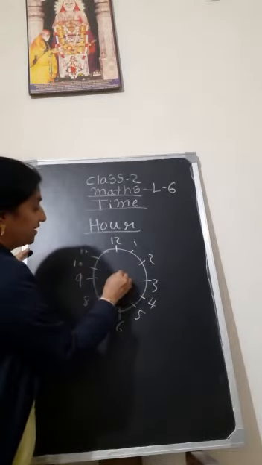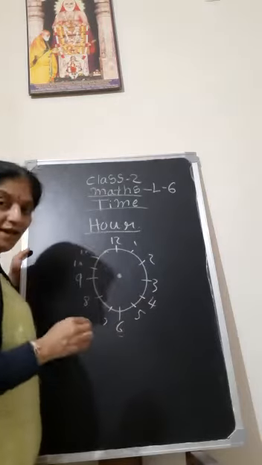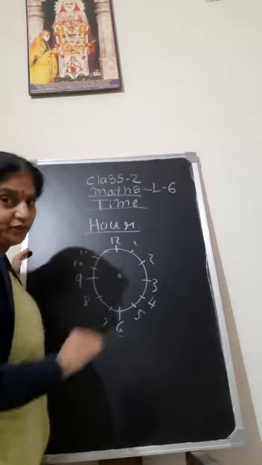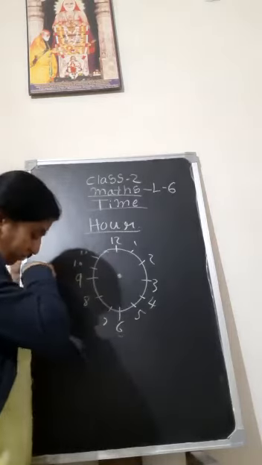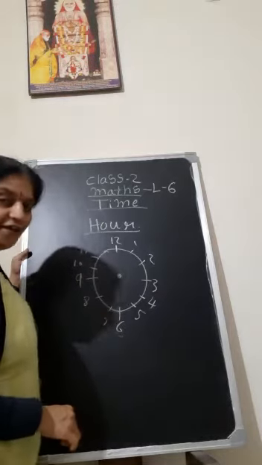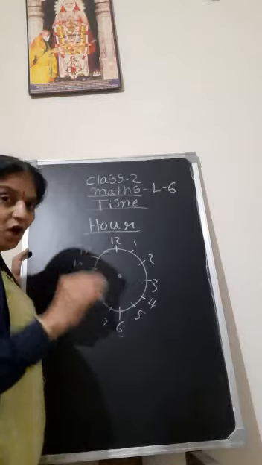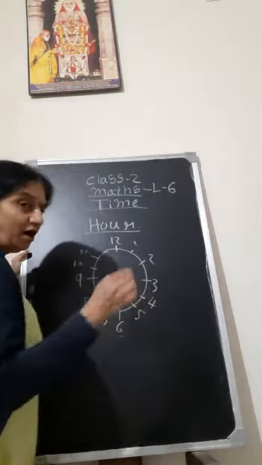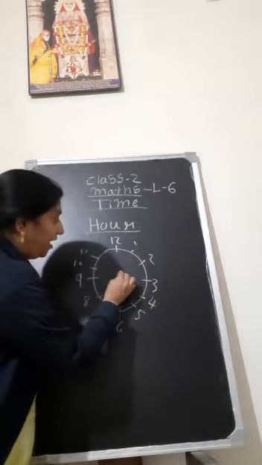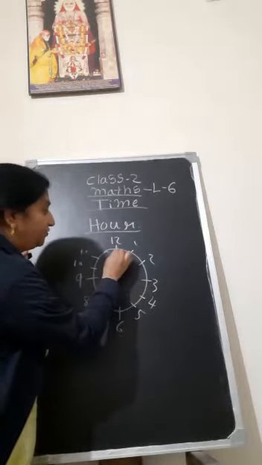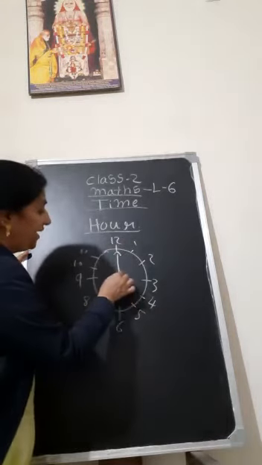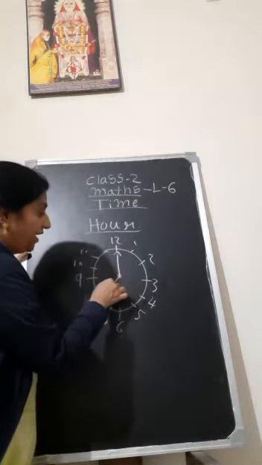So this is our clock and now I am going to draw the hands of the clock. I already told you, the longer hand shows minute. Always the longer hand is on the side of the 12 and the shorter hand on the side of the numbers.